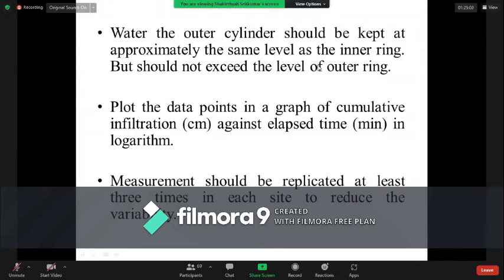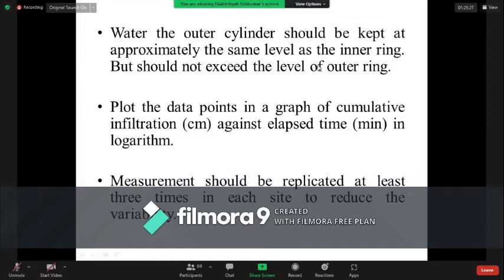So first, take a suitable site. Then fix your double ring infiltrometer. Then set the point gauge. After that, place the plastic sheet at the bottom of the inner cylinder.